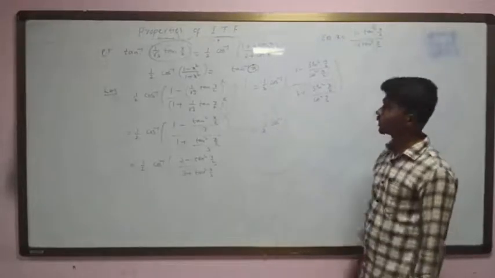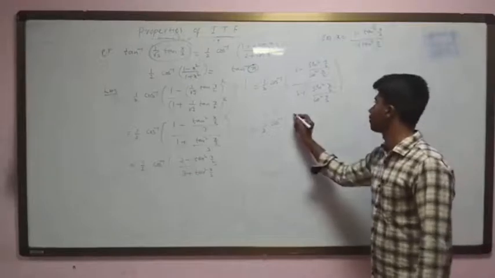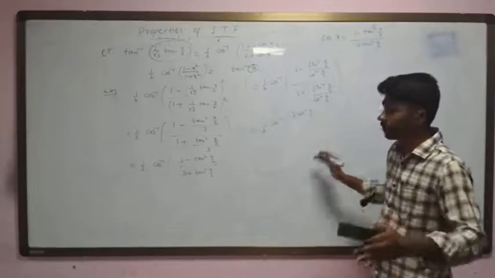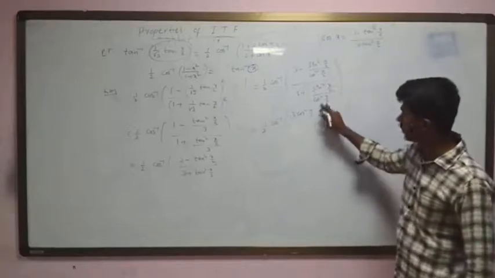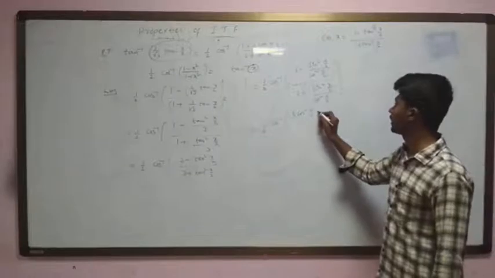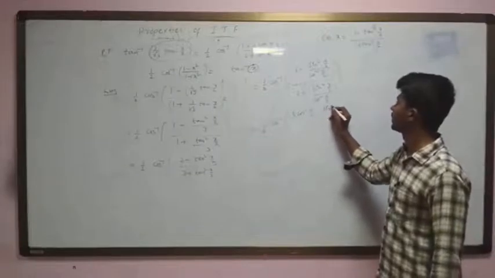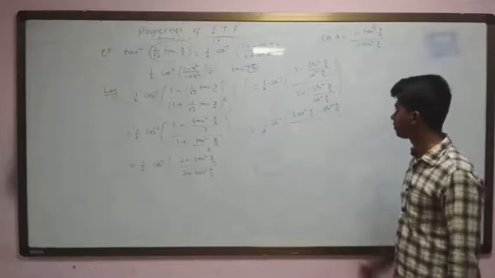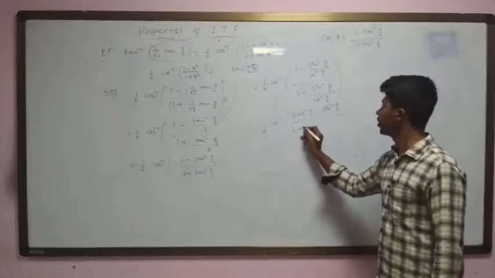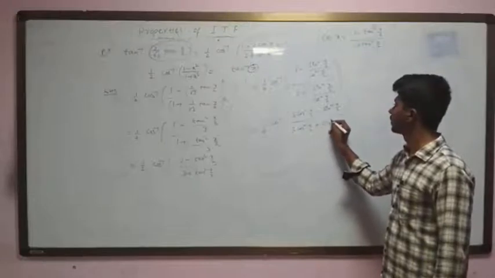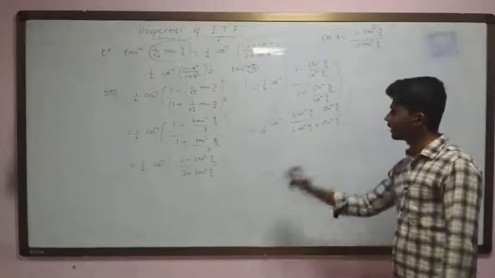If I take cos square x by 2 common, I get 3 cos square x by 2, and dividing by cos square x by 2, here also we have cos square x by 2. Both get cancelled. 3 cos square x by 2 minus sine square x by 2 by 3 cos square x by 2 plus sine square x by 2.